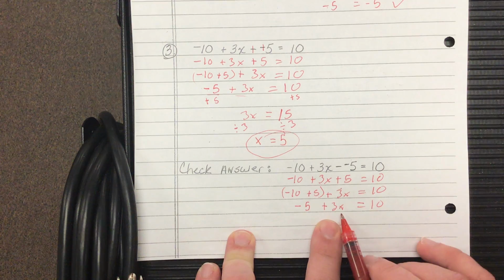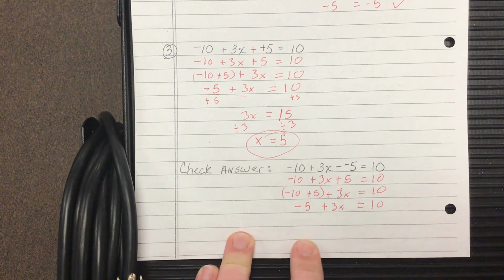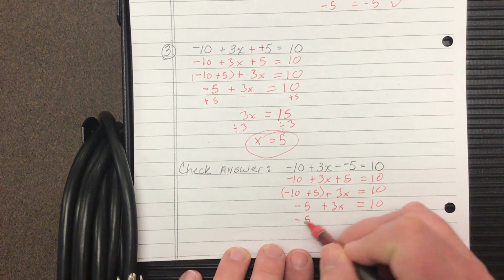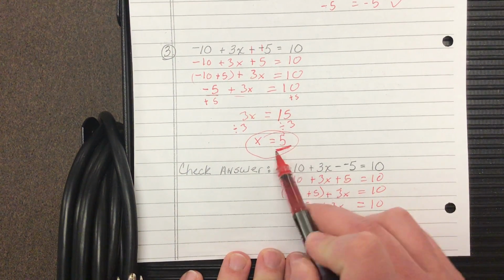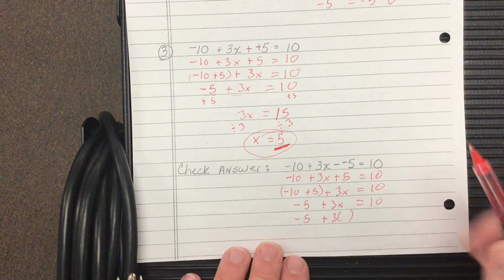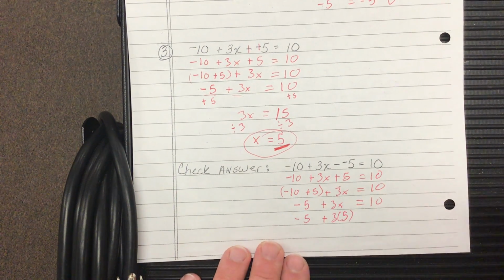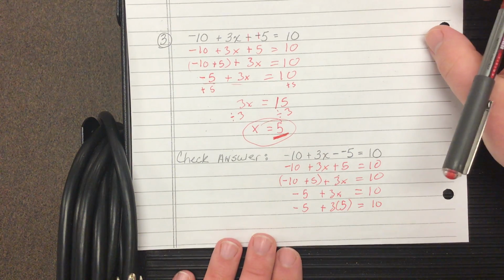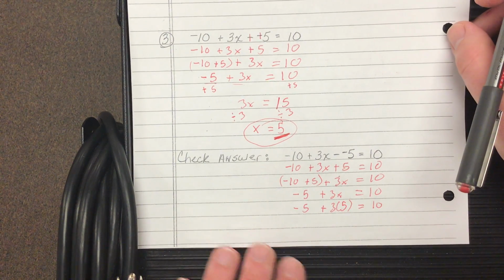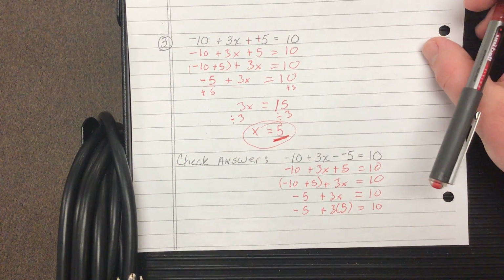Now, if x is 5, what am I going to plug in for x? 5. Where am I now? Everybody with me so far, or do I need to slow down for a second? I need 1 second. Okay.